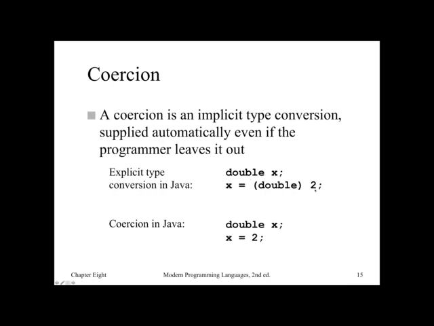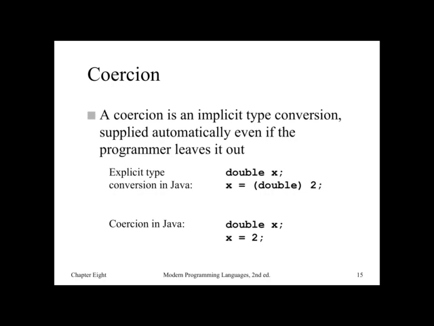I take the number 2, and this right here is a cast. If you remember that from Java or C++, this is casting. It basically says take this number, which in its native form, with no decimal point, is an integer, and I'm going to make it into a double and then assign it. That's explicit type conversion, where I say convert the type, change the type.